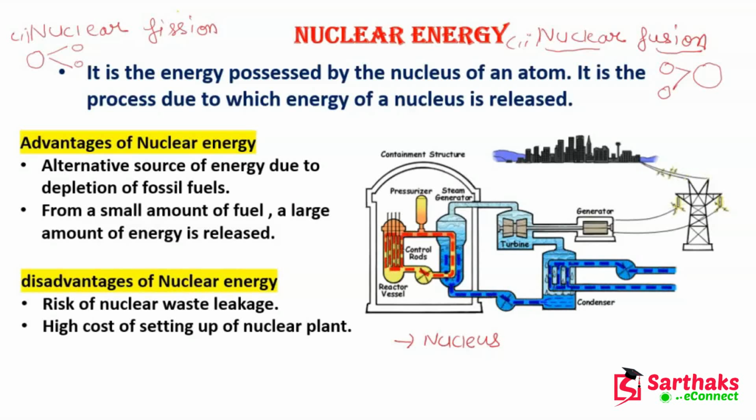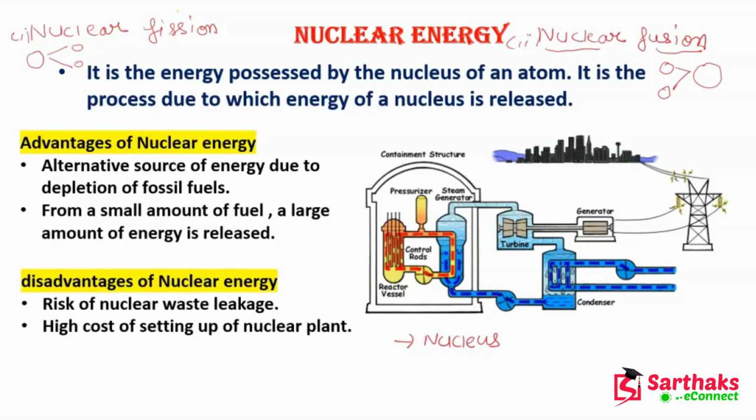If I give you an example of nuclear fusion reaction, the sun is a great example, because in the sun nuclei combine to form a bigger nucleus, and in this reaction lots of heat is produced.